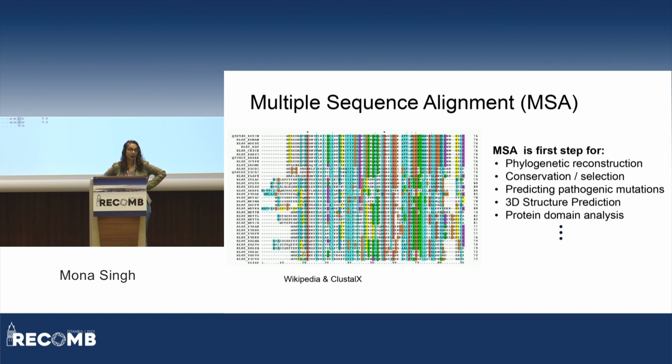If you're trying to predict the impact of mutations, whether they're pathogenic or not, multiple sequence alignments lead to these conservation measures, which are so critical. If you want to predict structure, multiple sequence alignments are critical. If you want to figure out what the domains are within a protein sequence, again, multiple sequence alignments are critical.